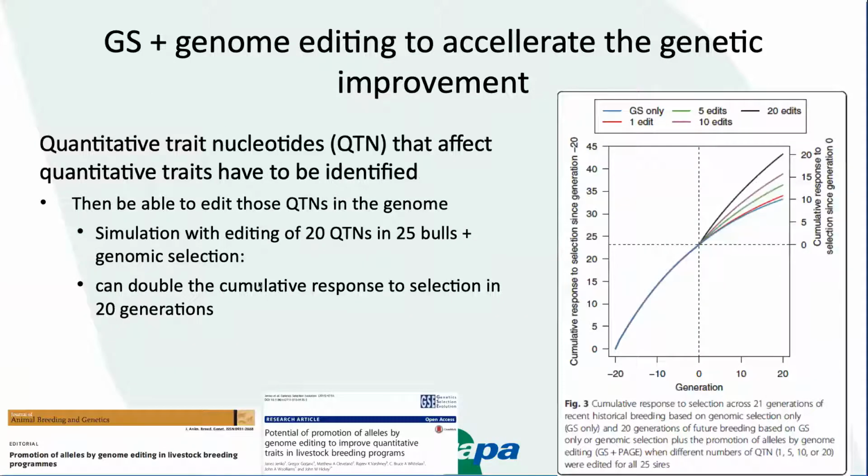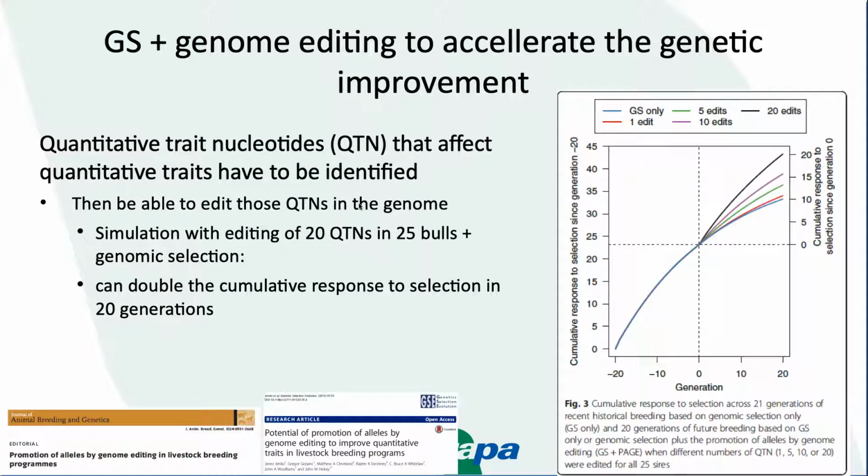So what we want here, this is a long-term goal again, is to identify the quantitative trait nucleotides. The nucleotides are the SNPs, right? The single nucleotide polymorphisms that affect quantitative traits, some specific quantitative traits. Once we identify those QTNs, we need to be able to edit all those QTNs in the genome, and with that, incorporate them into our breeding program.